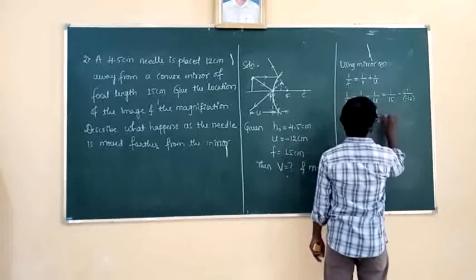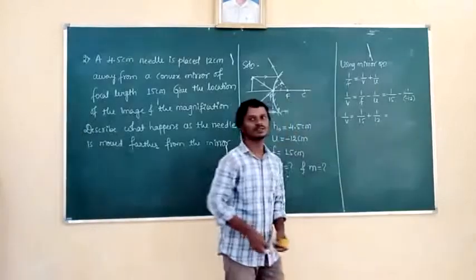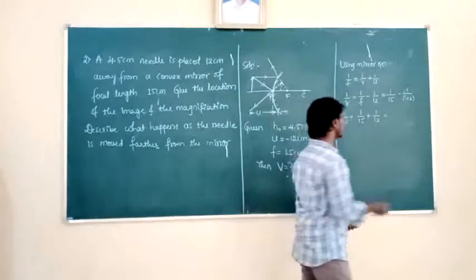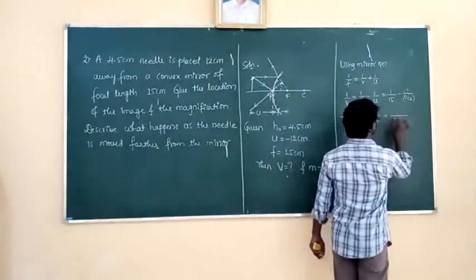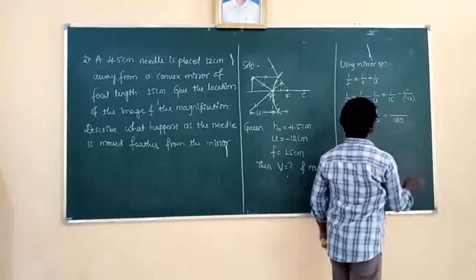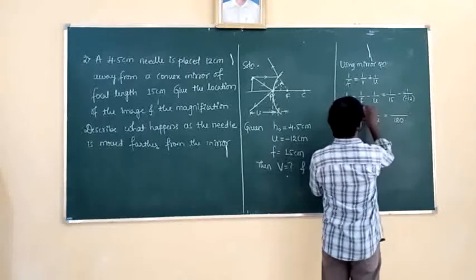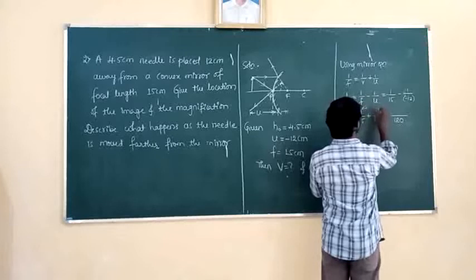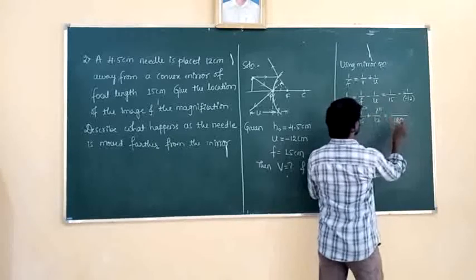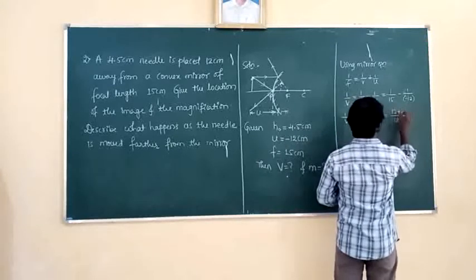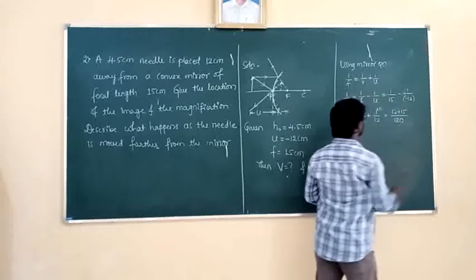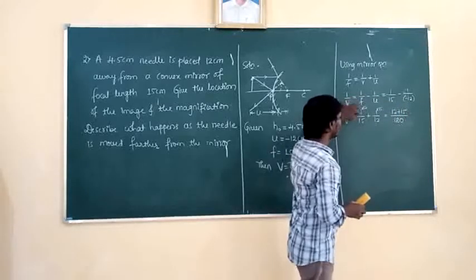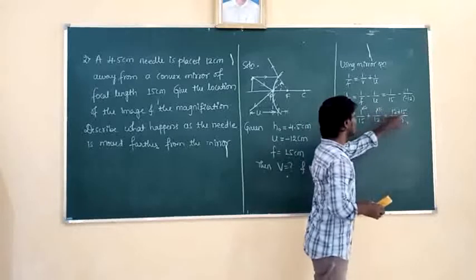What is the LCM here? For 15 and 12, that is 180. Then 12 plus 15: 12 into 1 is 12, then 15 into 1 is 15.